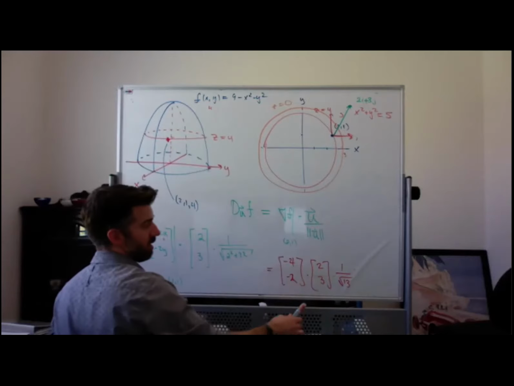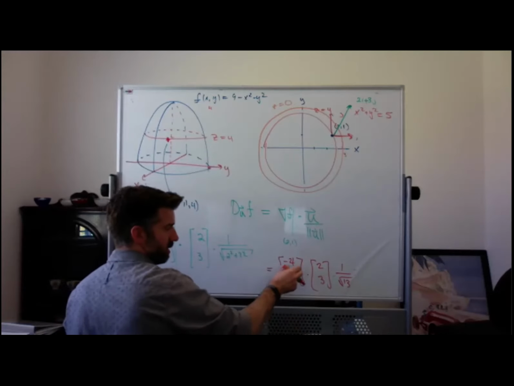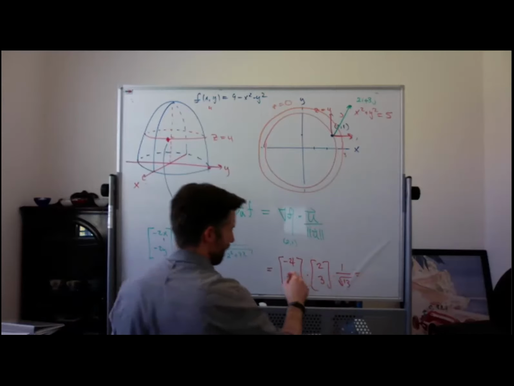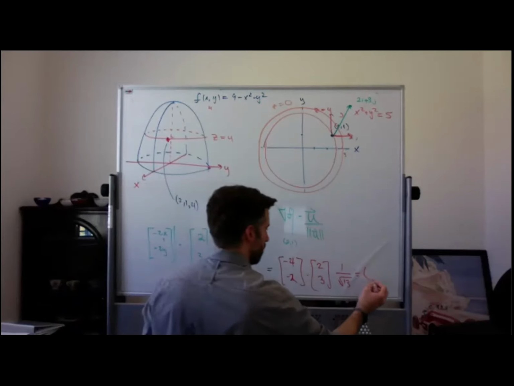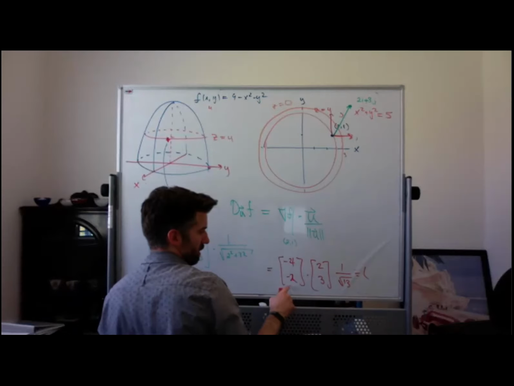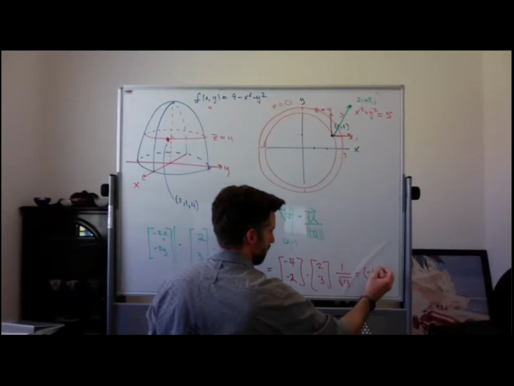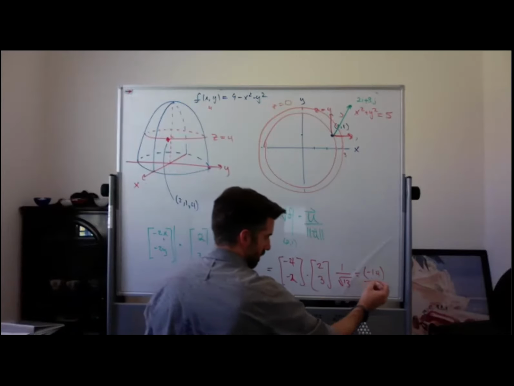When we dot these together, the dot product of two vectors is this times this plus this times this. So that's going to be negative 4 times 2, which is negative 8, plus negative 2 times 3, which is negative 6. So I get negative 14 divided by root 13.